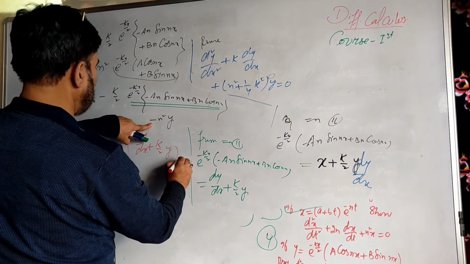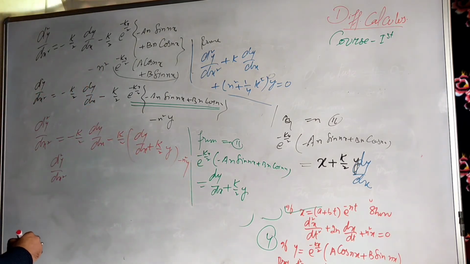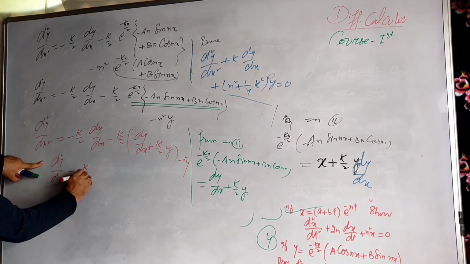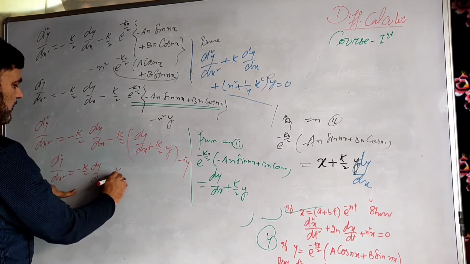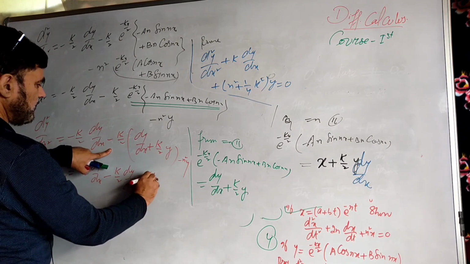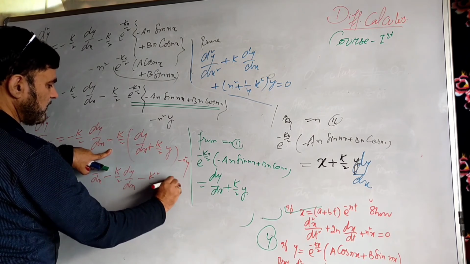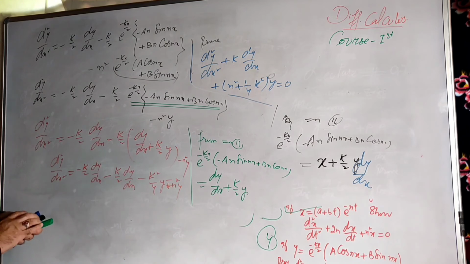I'm sorry, I have forgotten this, right? It is n square y here, minus n square y. Well, simplify this now. d2y by dx square is equal to minus k by 2 dy by dx, then again minus k by 2 dy by dx, then minus k square by 4y and minus n square y. We have to now simplify this.